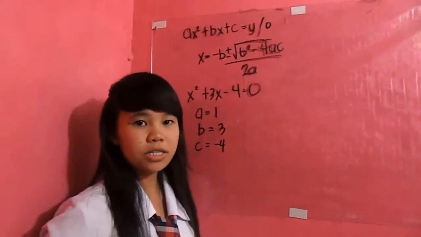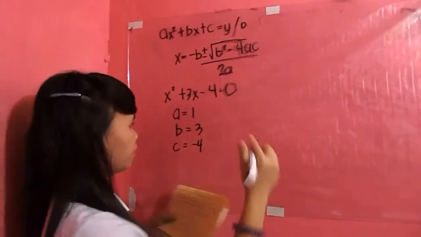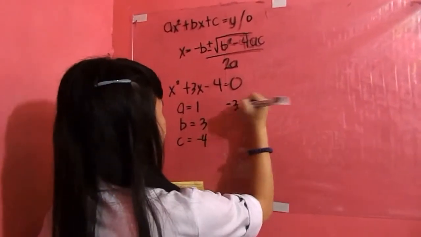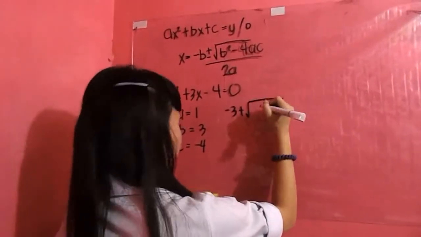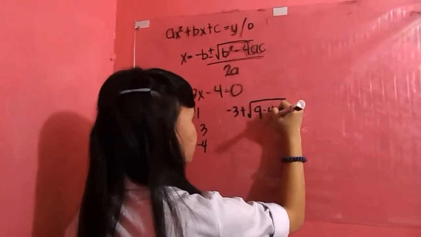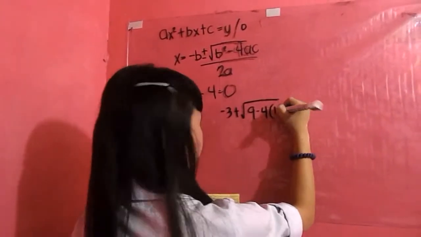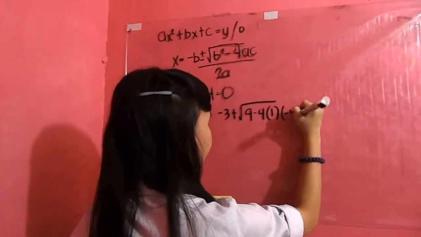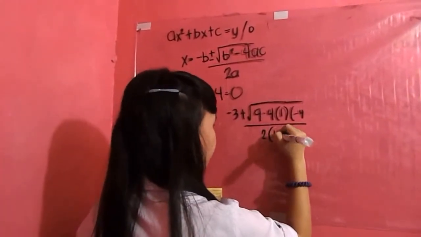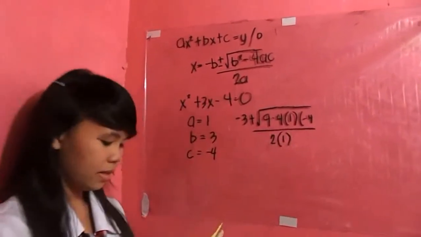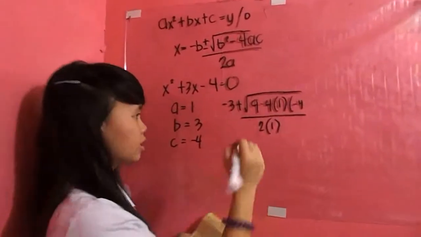So I'm solving first for the positive. For example, negative 3 plus the square root of 9 minus 4 times 1 times negative 4, over 2 times 1.